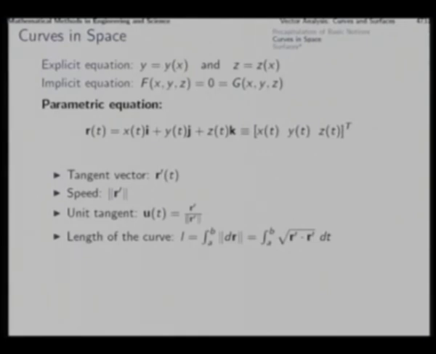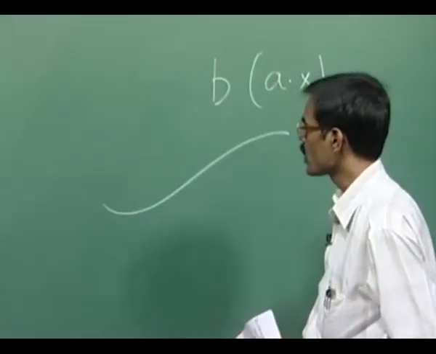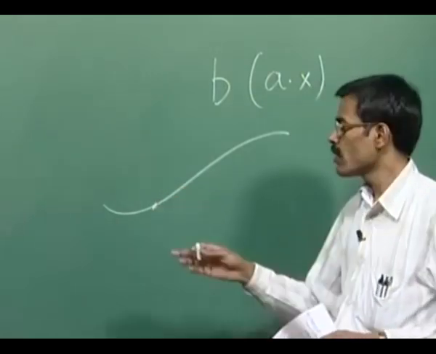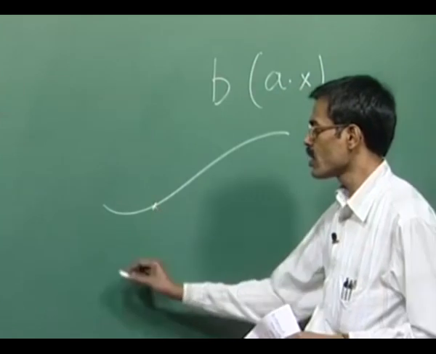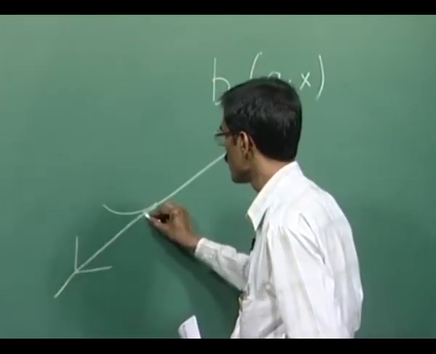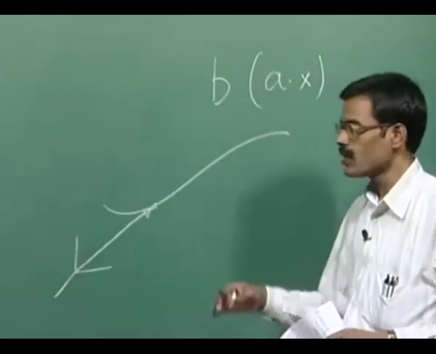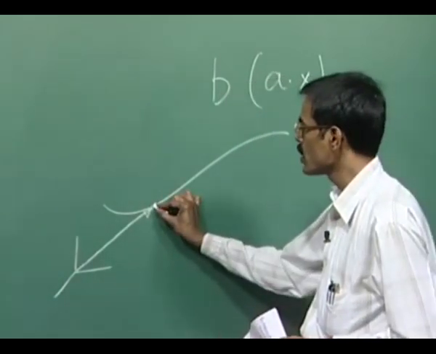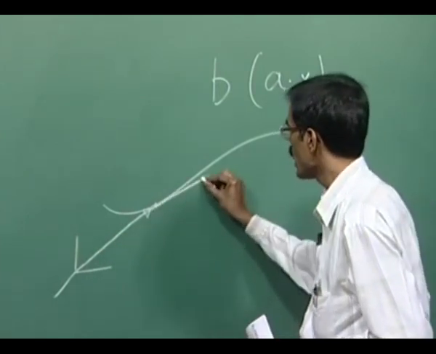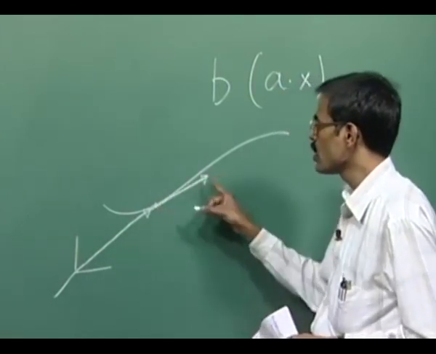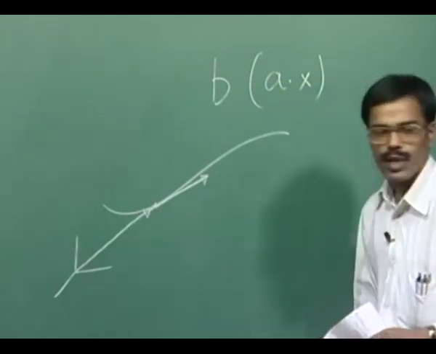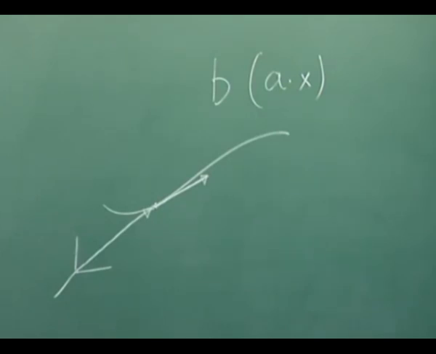So, if this is the curve, at this point, suppose for a value of the parameter t you get this point, say origin is here, then by the standard definition of derivative, you get the derivative of this position vector at this point as a vector like this. This is the tangent vector to the curve at this point, and this is r prime.